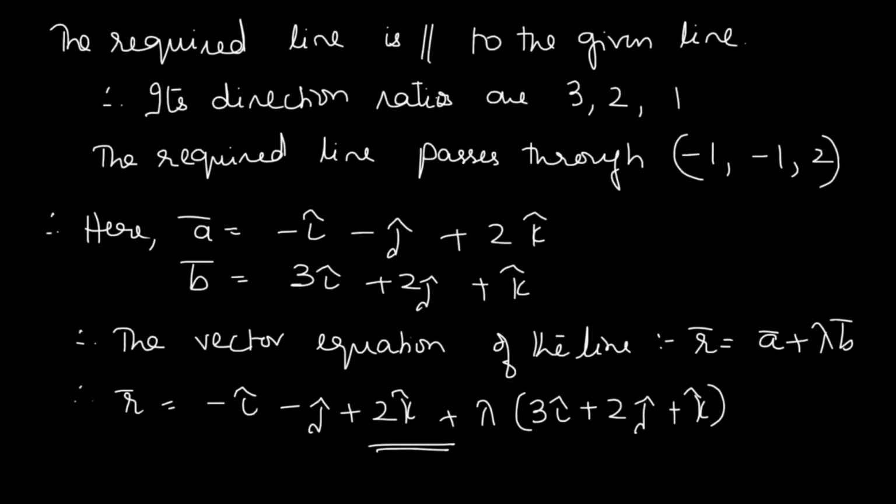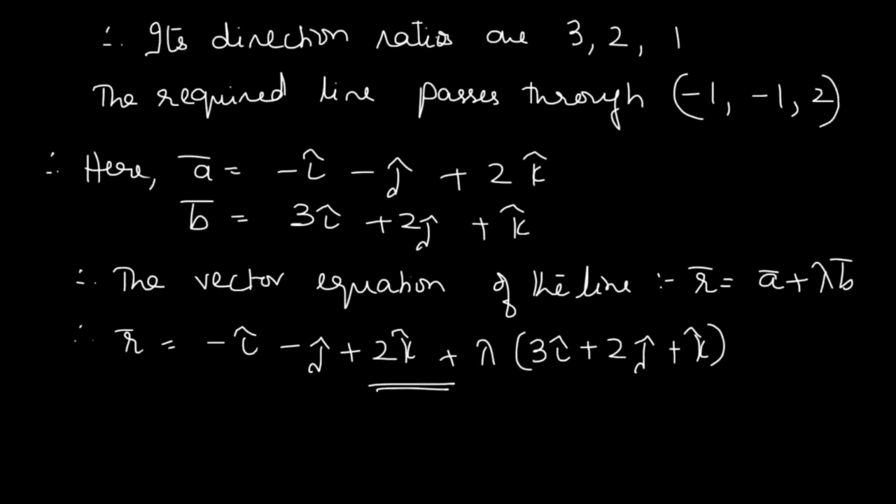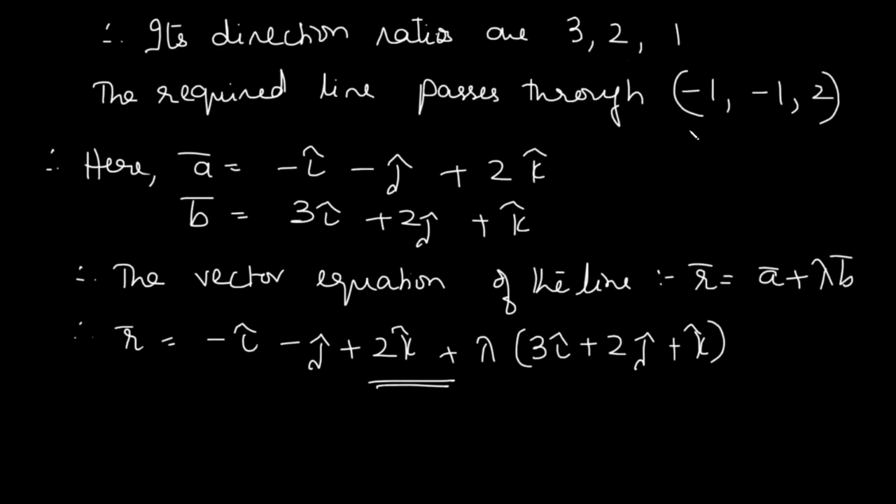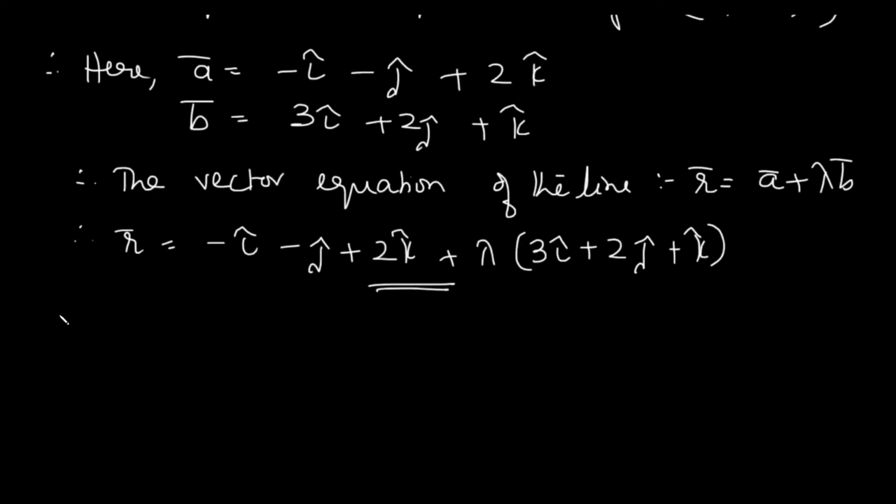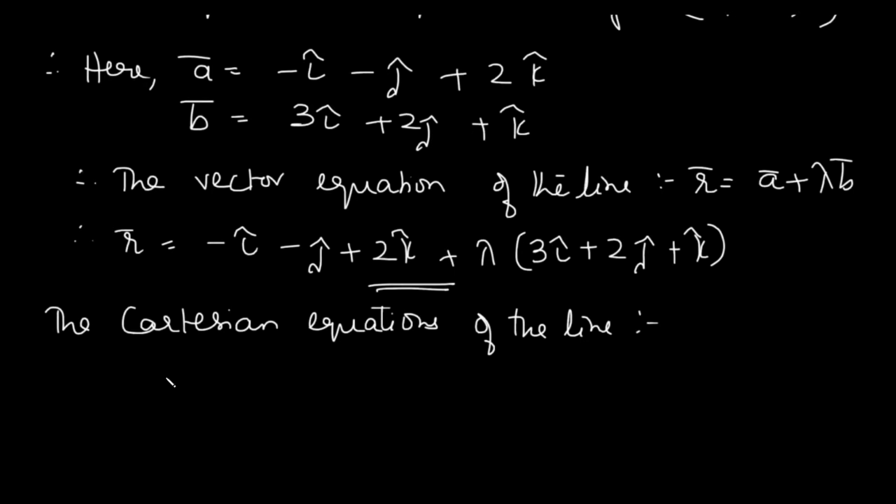Now the Cartesian equation also can be found out, because we know that the direction ratios of the line are 3, 2, 1 and one point on the line is -1, -1 and 2. From that we find the Cartesian equation of the line, which is given as x minus x1. So in this case, x minus -1, because -1 is a point on the line, upon the direction ratio, that is 3.